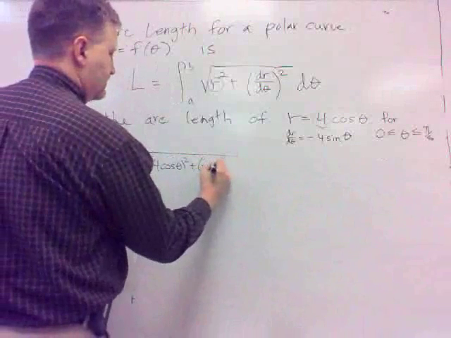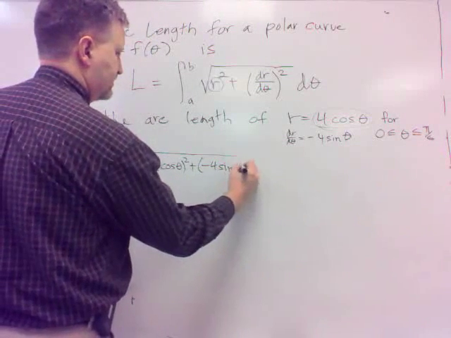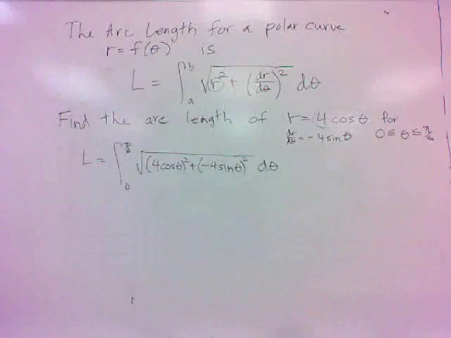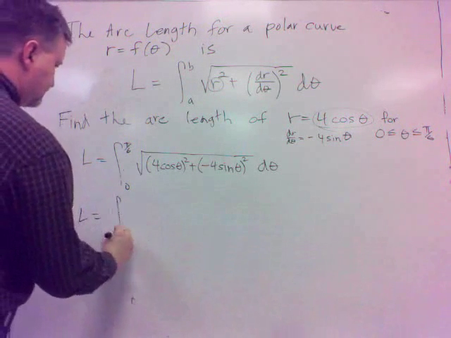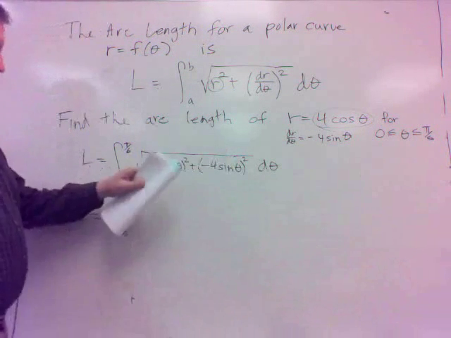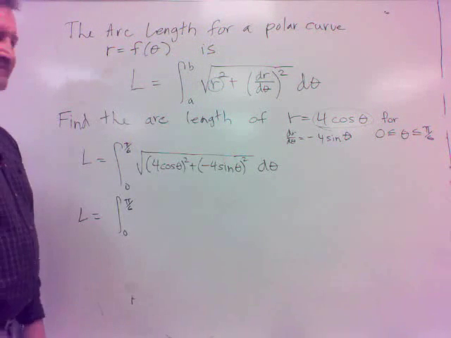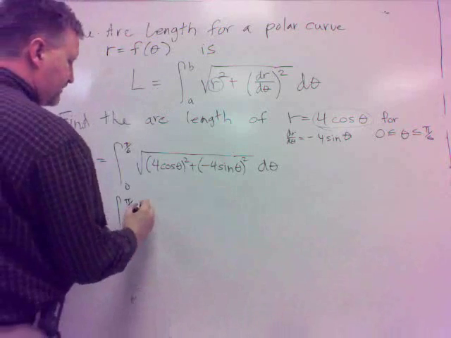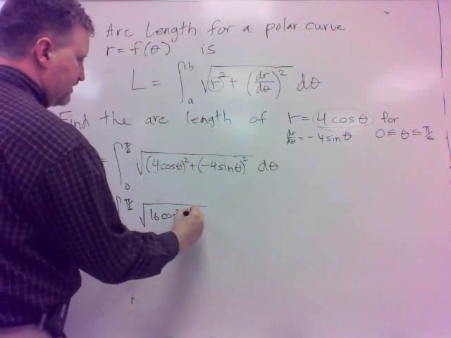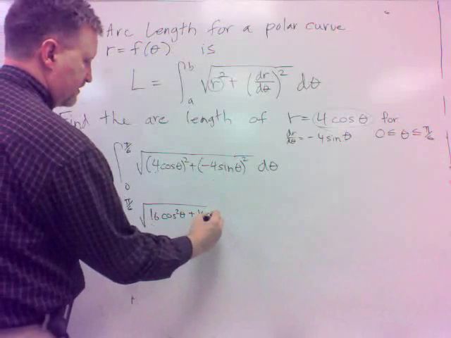And hey, look at that. That's going to be nice, isn't it? I think so. Here's what we can do with that. Of course, that can get really complicated pretty quickly, but this one works out pretty nicely. That'll be 16 cosine squared theta, and that'll be 16 sine squared theta.